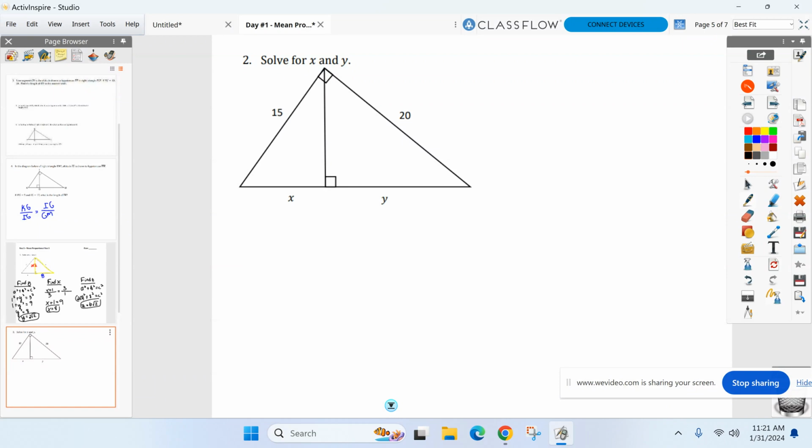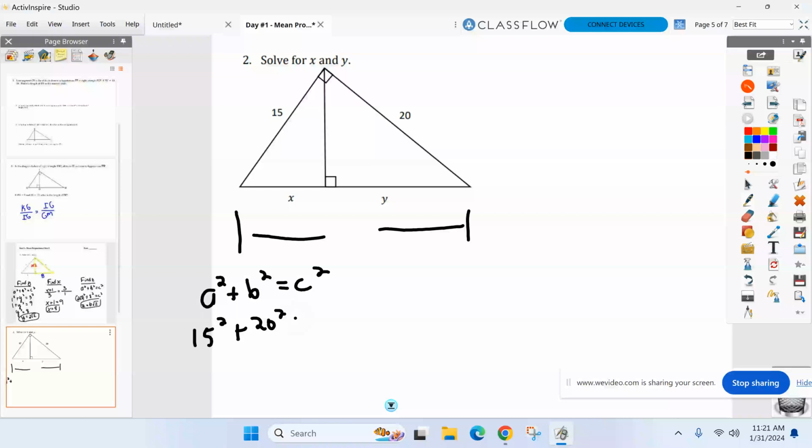Look at the big right triangle. I already know 2 sides, and when you find the third, you'll be finding the hypotenuse I need for hills. All right, so I have to start with Pythagorean theorem. So 15 squared plus 20 squared equals C squared.